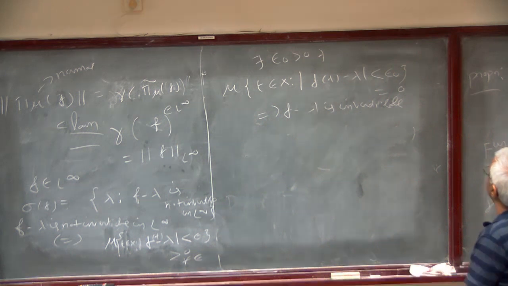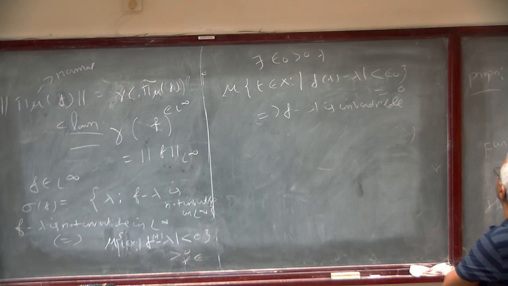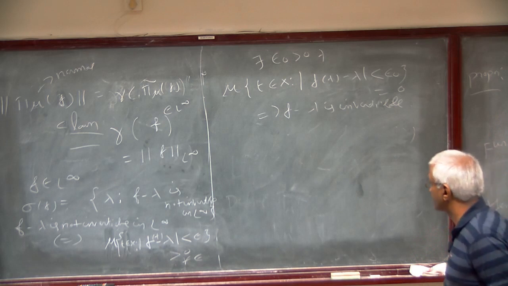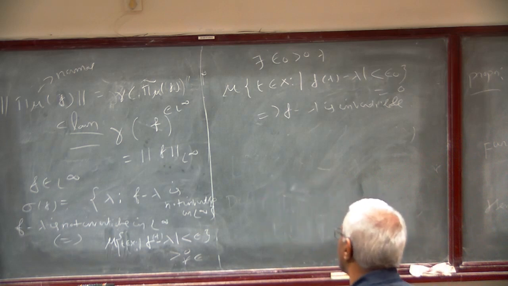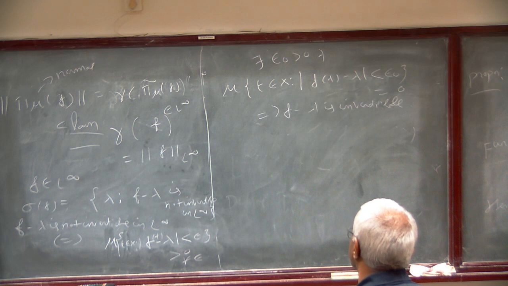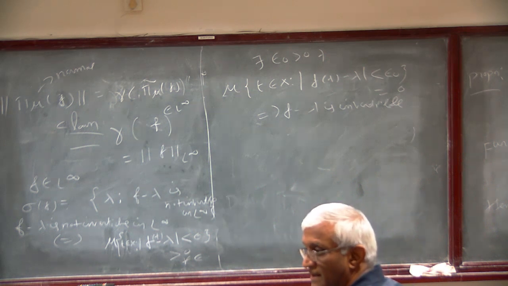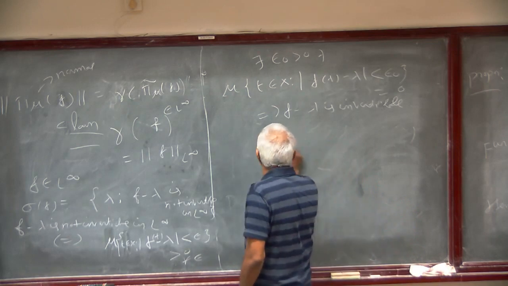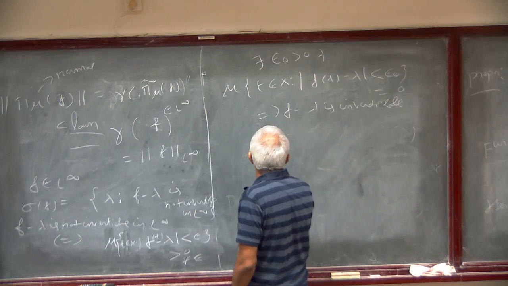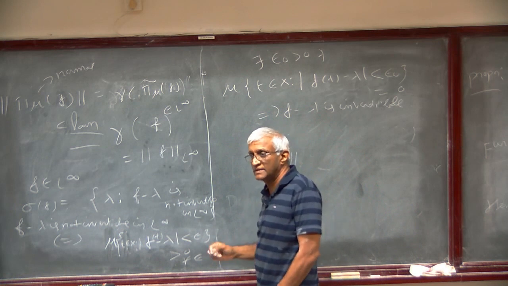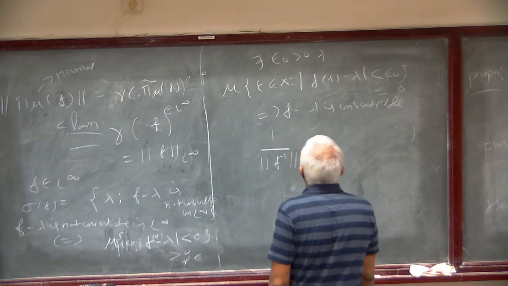Now why is the other way true? Suppose F is invertible, you take 1 by the norm of the F inverse, and that will be the epsilon, right?